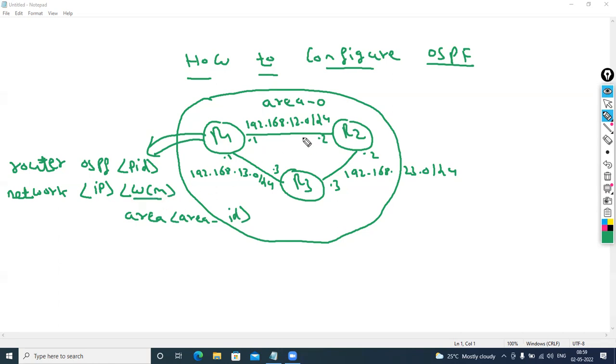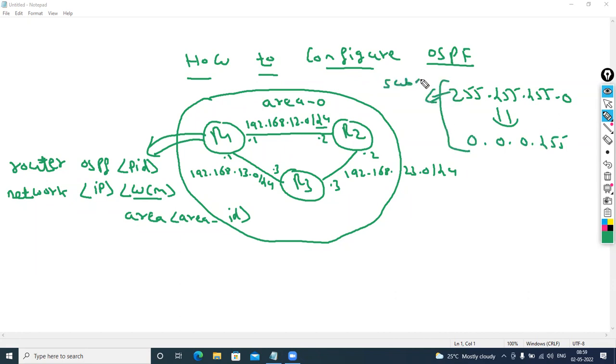Wildcard mask is just the opposite of the subnet mask. Let us consider this is a subnet mask. Opposite of this will be the wildcard mask. This is your subnet. This is your wildcard mask.